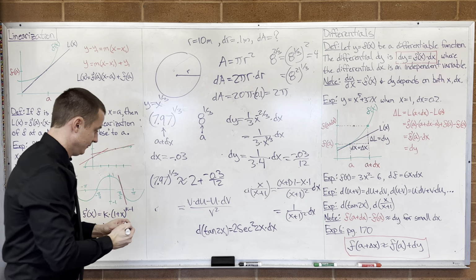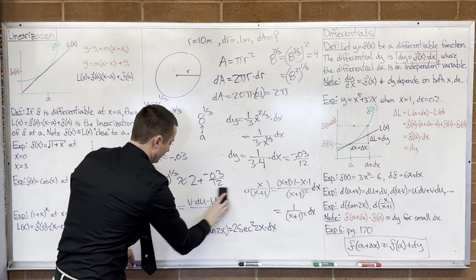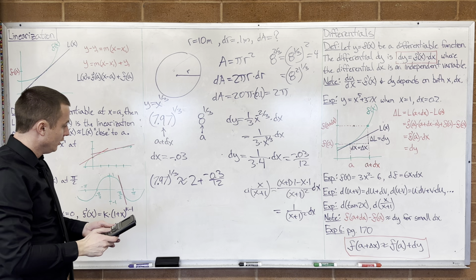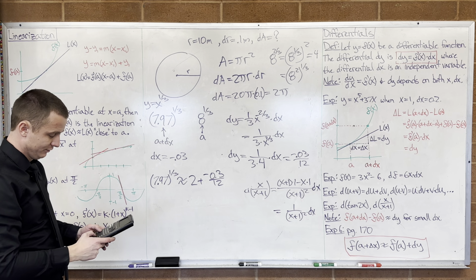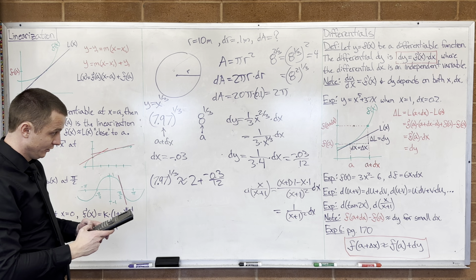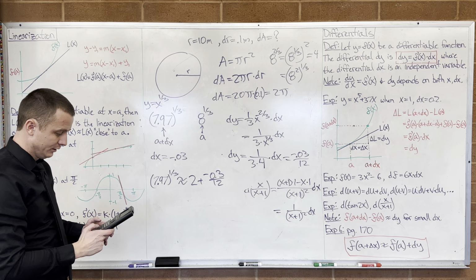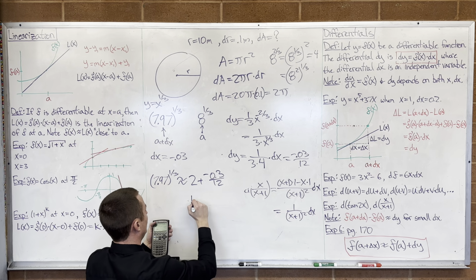Can you simplify that? No, that's simplified enough. Let's just plug it in now and see what the numbers are. We'll do both the actual one and the approximation. 2 plus negative 0.03 divided by 12 gives us our approximate value.